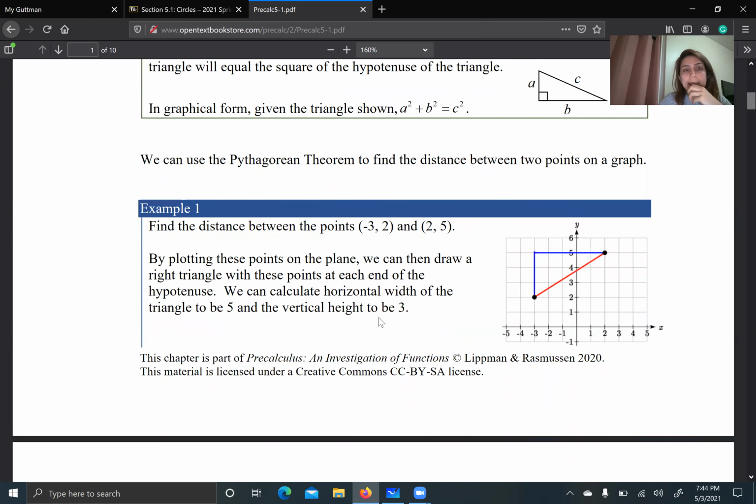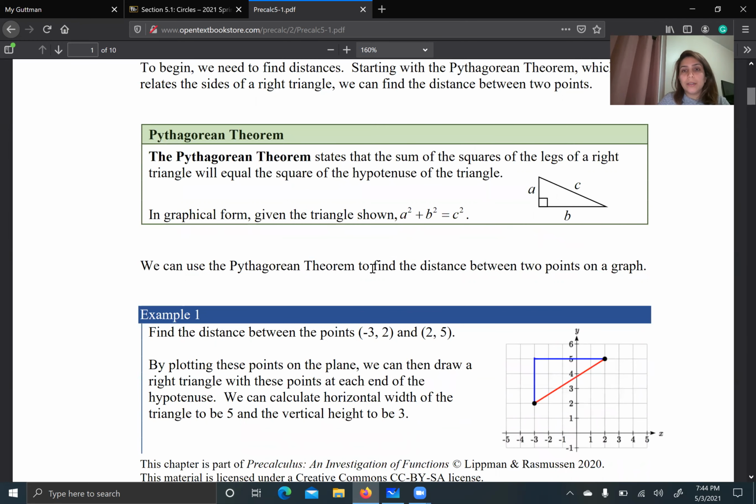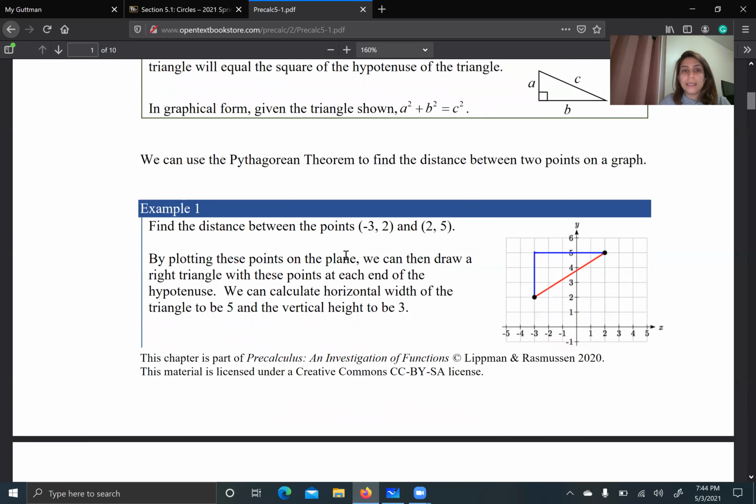Okay, so let's use this well-known theorem in order to derive a distance formula between 2 points. Let's start with this example. Suppose you have 2 points in the plane, and you want to find the distance between these 2 points.